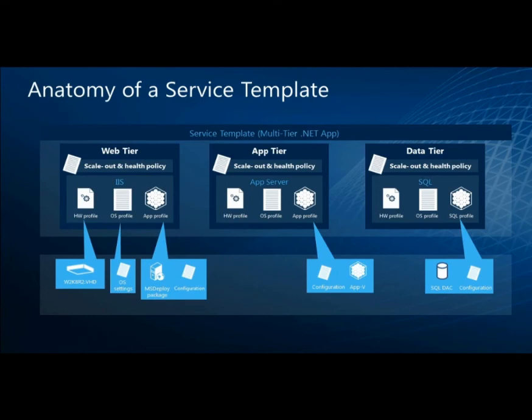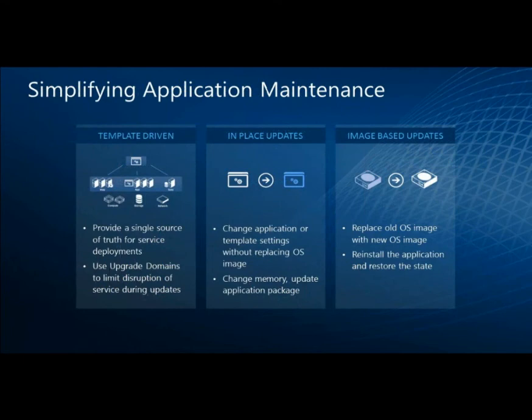We put all that stuff together into a VM tier, and put those tiers together into a service template, which is stored in the library, and that template information we can then use as what we would call the source of truth for a service deployment.